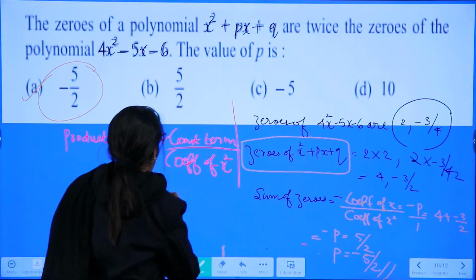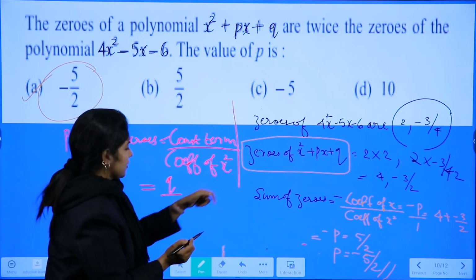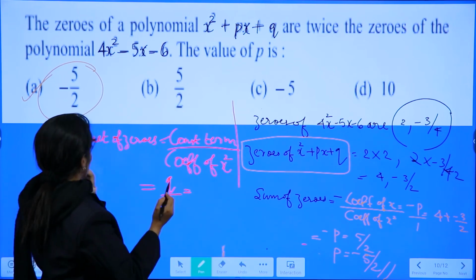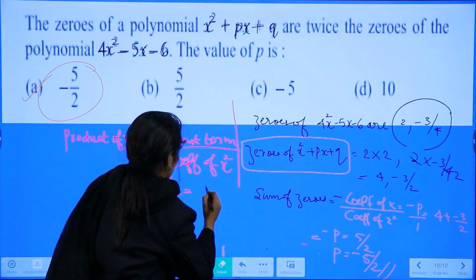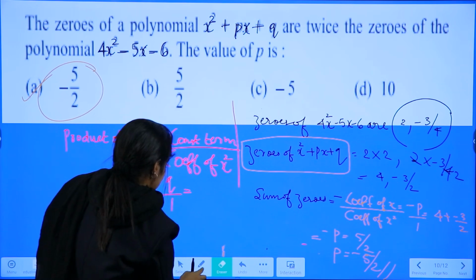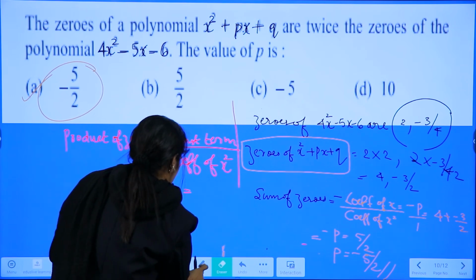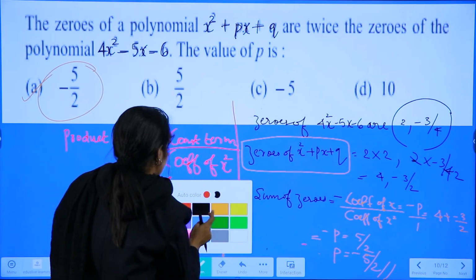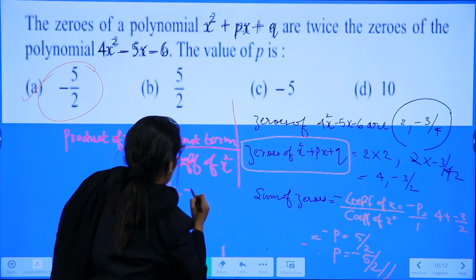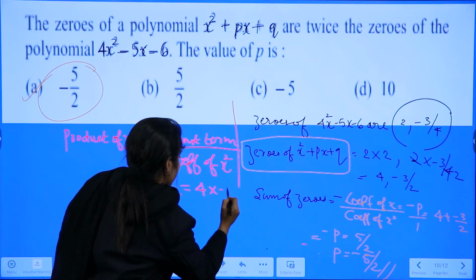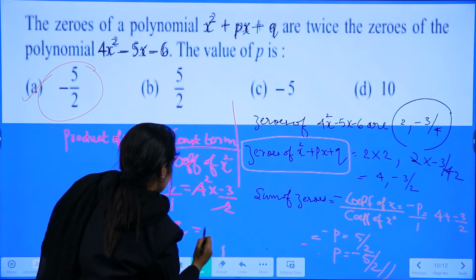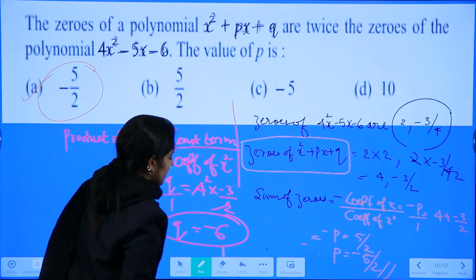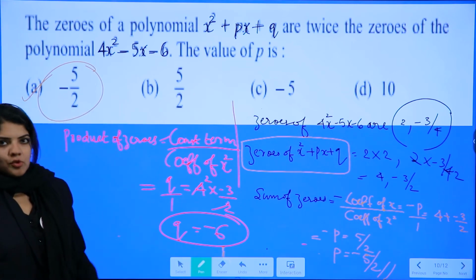It is q, by coefficient of x squared, which is 1, that is equal to the product of zeros. The zeros are 4 and negative 3 by 2. So 4 into negative 3 by 2, so q value will be minus 6. Actually this is not asked in the question, only p value is asked.